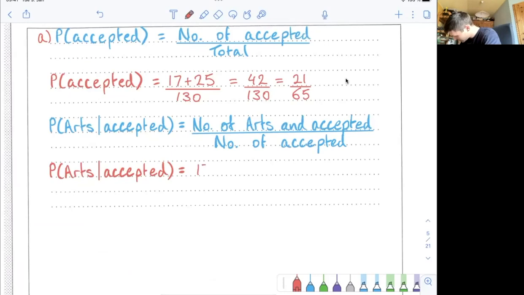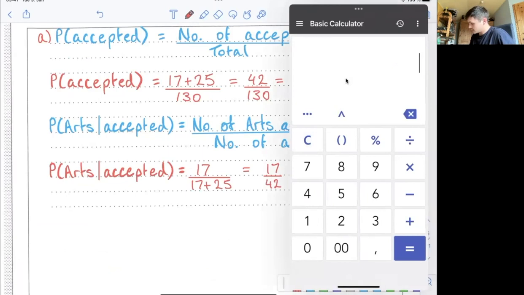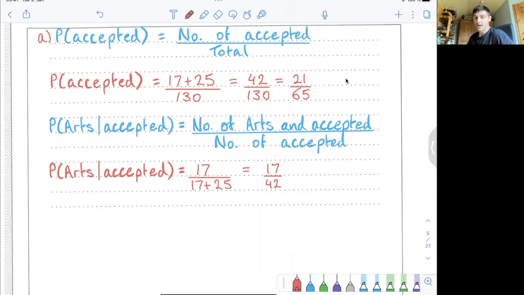So we'll say 17 divided by 17 plus 25, which equals 17 over 42. Now we can't do any simplifying with that, so we'll just leave it like that. And if you wanted to leave it as a decimal answer, you could, to 3 significant figures, which would be 0.405. But yeah, I'd recommend just leaving it as a fraction is fine.